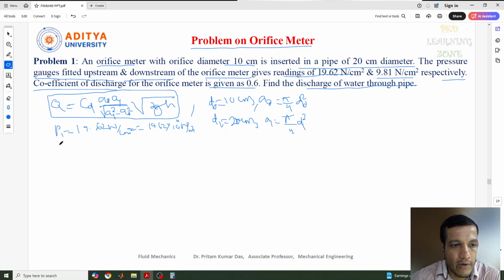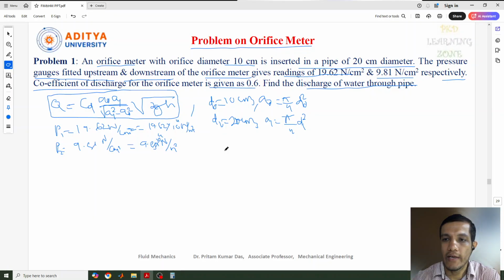Similarly, we can calculate the value of P2, that is given as 9.81 Newton per centimeter square, and this also we can write as 9.81 into 10 to the power 4 Newton per meter square. Yeah. So all these values are given. Now here, the coefficient of discharge value is given, so let me write CD, that is 0.6.